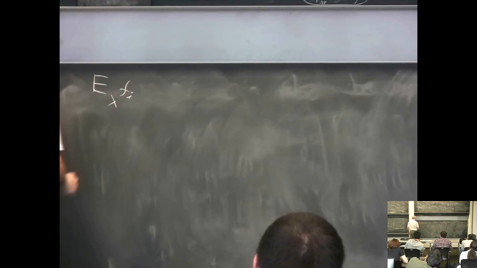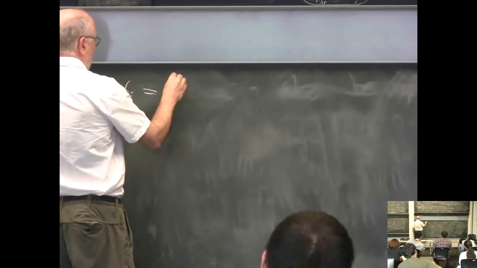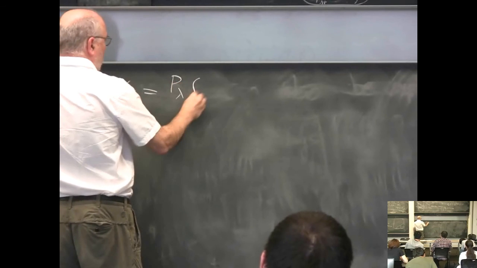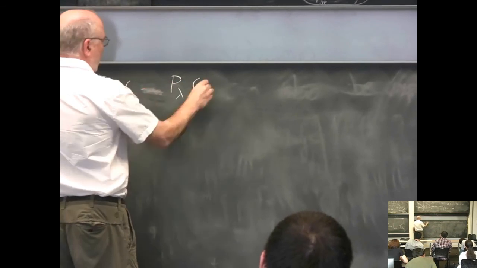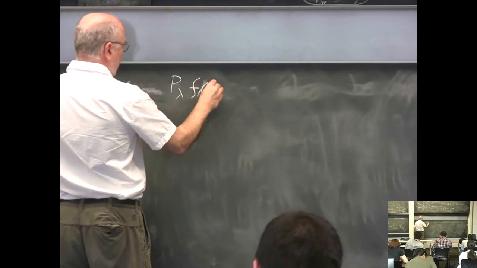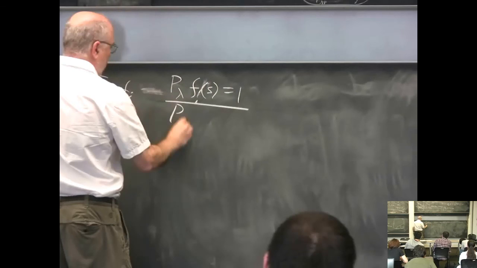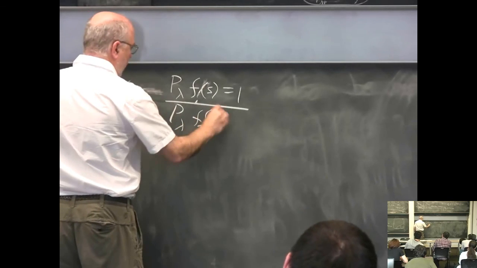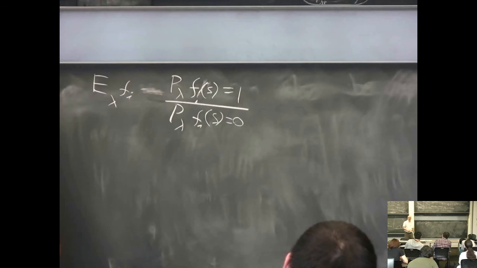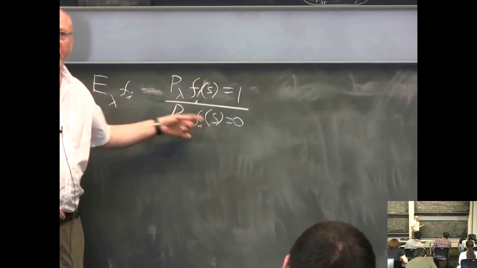I can find the expectation according to our model, let's say according to lambda, of Fi by looking at the ratio of the probability according to our model that Fi of S is 1 by the probability according to our model that Fi of S is 0.